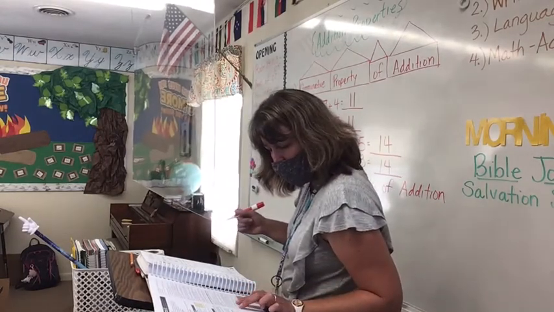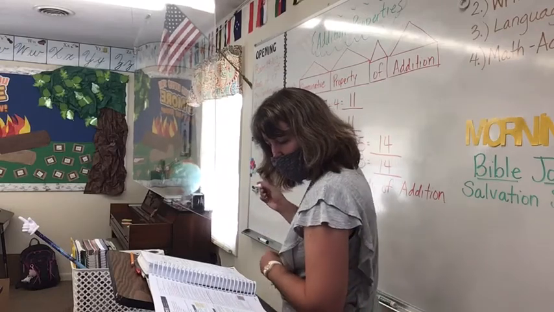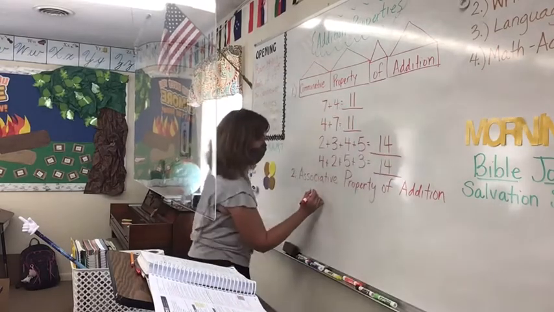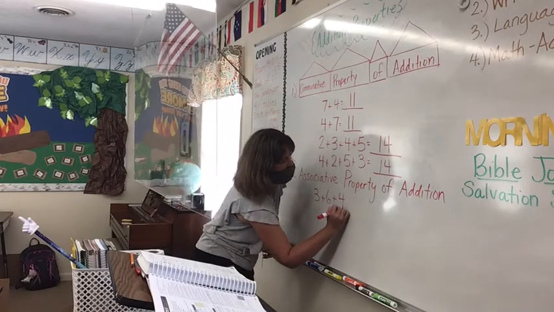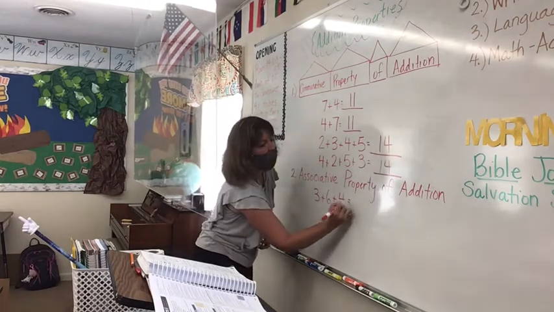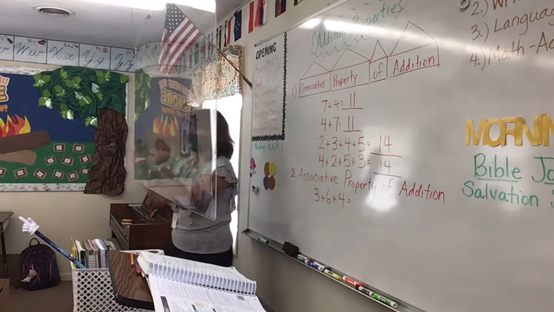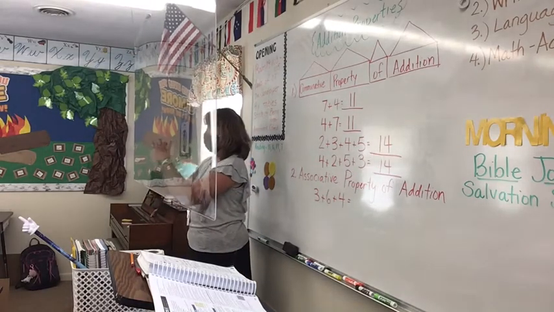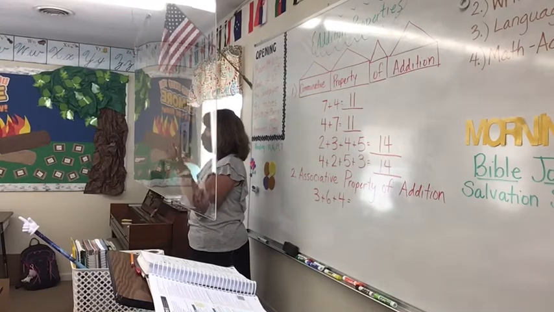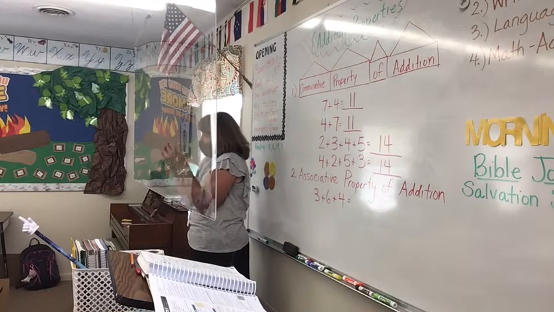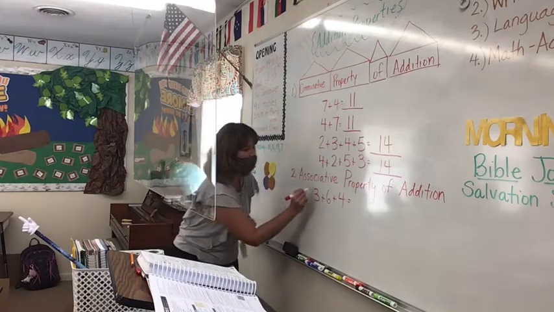So let's use the example 3 plus 6 plus 4. Now, the way I associate numbers into friends is to put parentheses around them. That's kind of like keeping them in a little huddle, like a football huddle.